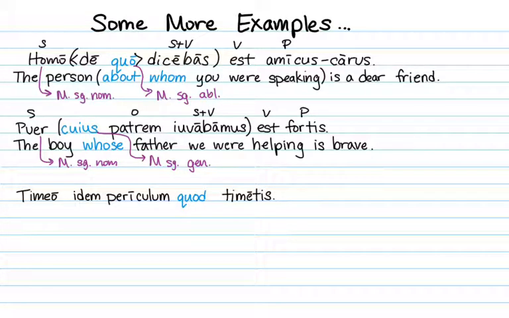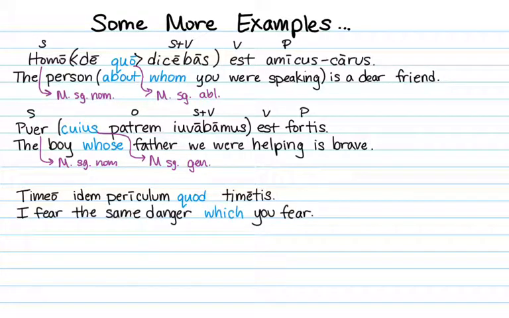Next sentence, timeo idem periculum quod timetis. I include this one because up till now we've been talking about people and using masculine and feminine pronouns. This example has a neuter noun. I fear the same danger which you fear. Timeo idem periculum, I fear the same danger, is the main sentence.